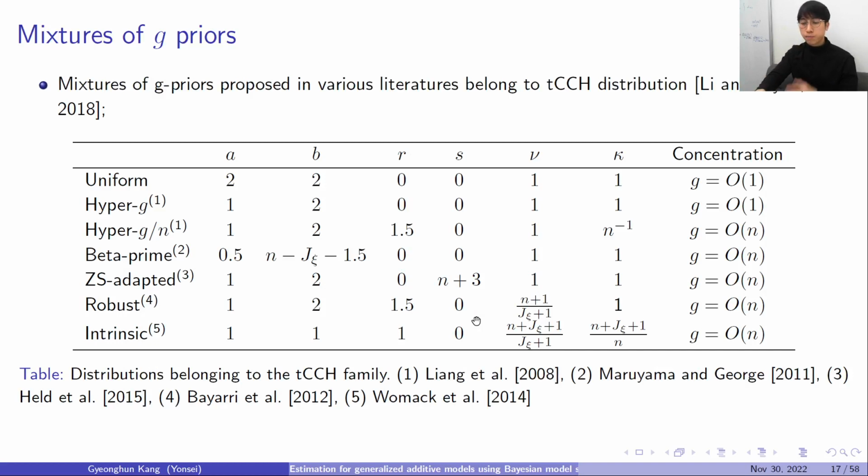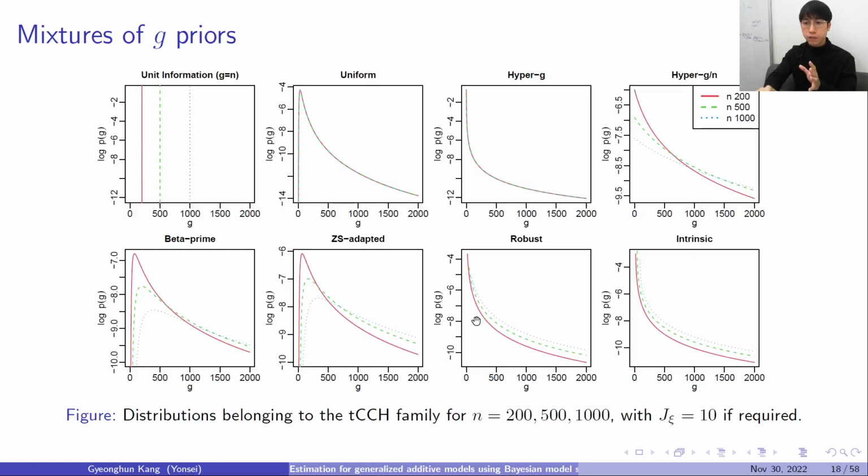If you plot these priors in terms of G, then we have these log densities, and there are two kinds of priors on G that differ in shape. In the first case, called G01, their prior density does not change with the number of samples, right?